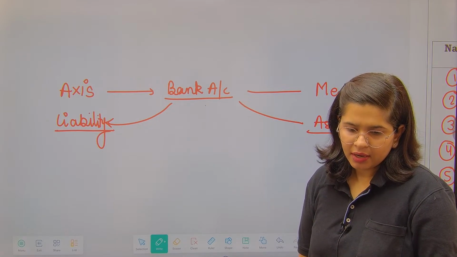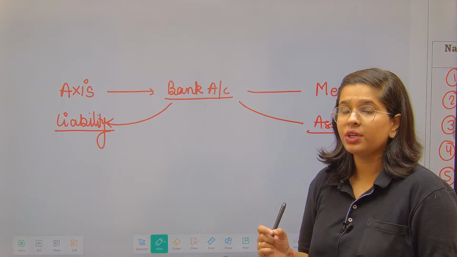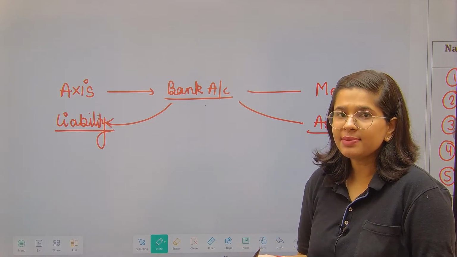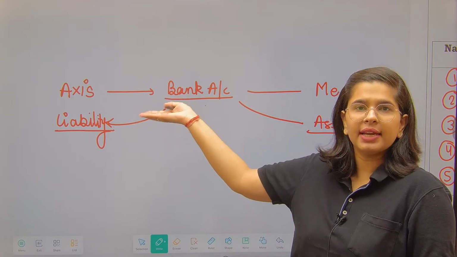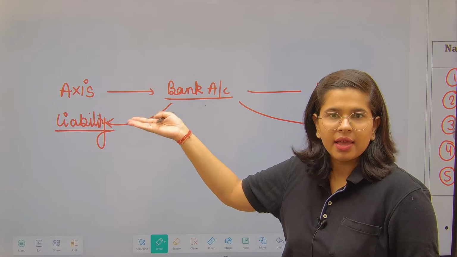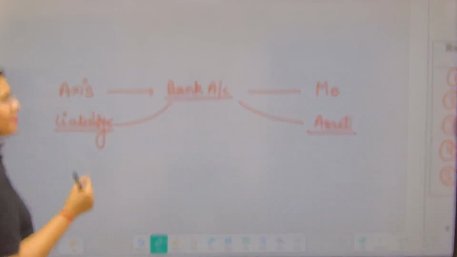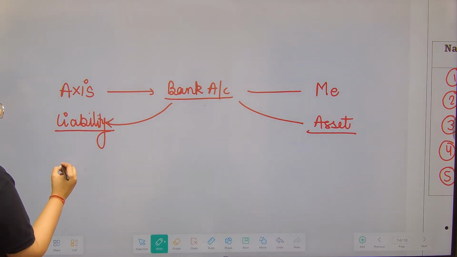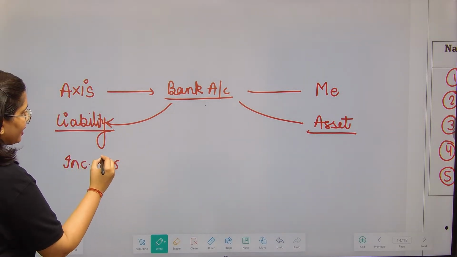Whenever we do a transaction, who sends me the message? Axis Bank. That means they are doing the accounting in their accounts, right? So for them, whenever I deposit any money into my bank account, their liability gets increased. That is why they credit it.